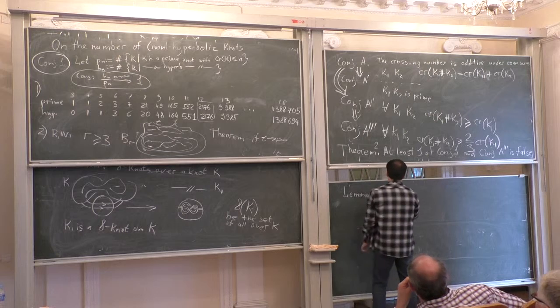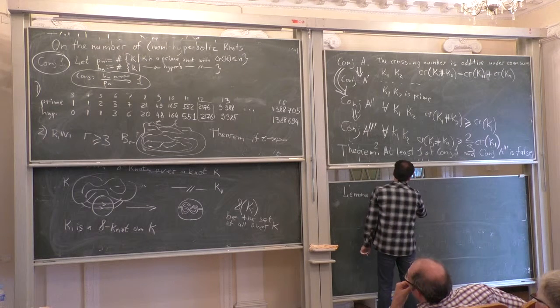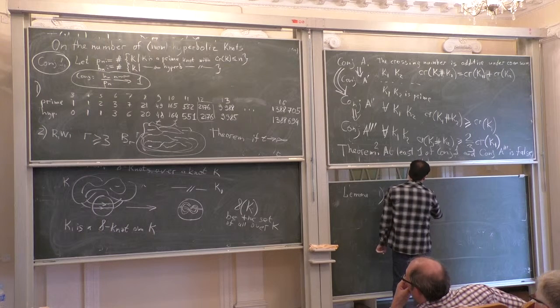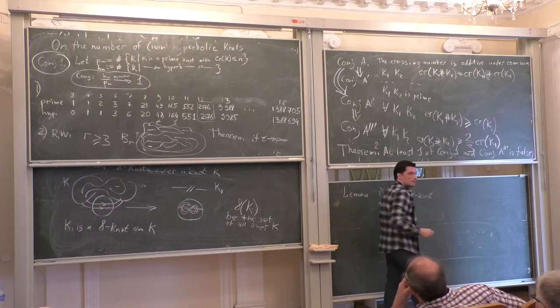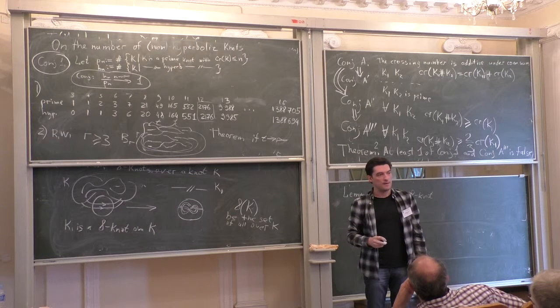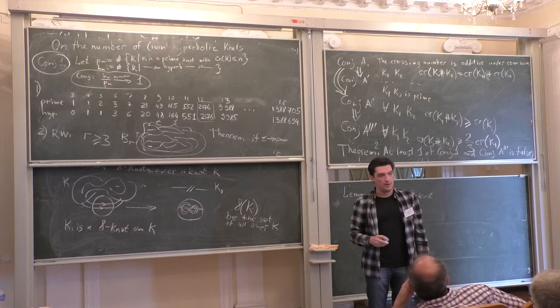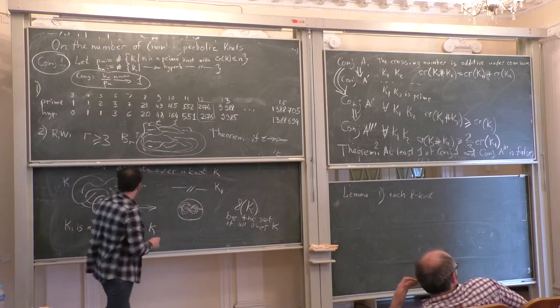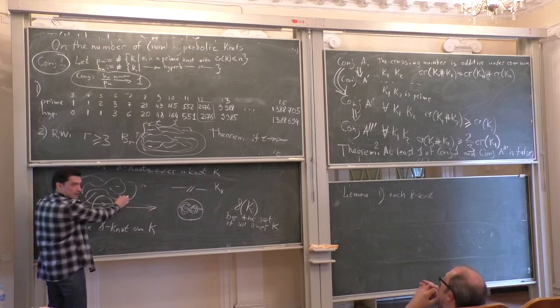Sorry, one more question. Do you fix the plane diagram or do you consider all possible planes? All possible. So I said, suppose we have some K and any diagram.